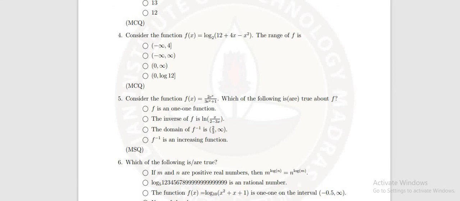Fine. So whether it's 2 in the base, or 3 or 4 or any other number which is greater than 0, the range will always be all real numbers. So our correct option for this question will be B.